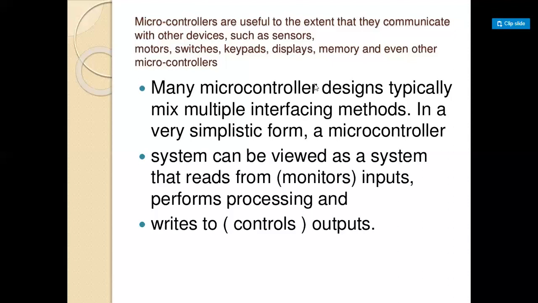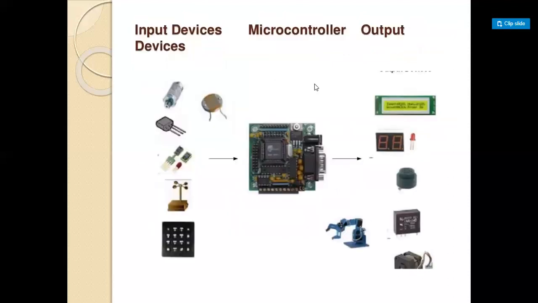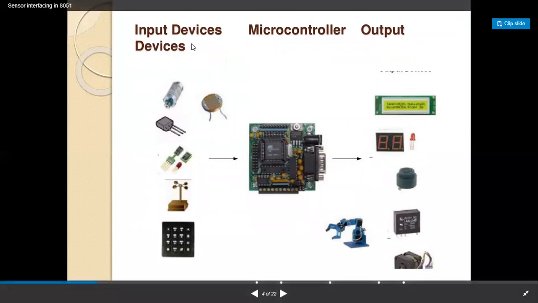Reading from input means monitoring, and writing to output means control. This is my microcontroller in between. This is my input device, that is a chip, IC, keyboard, and this is my output, LED, temperature sensor, this is an LCD screen, this 7 segment display.